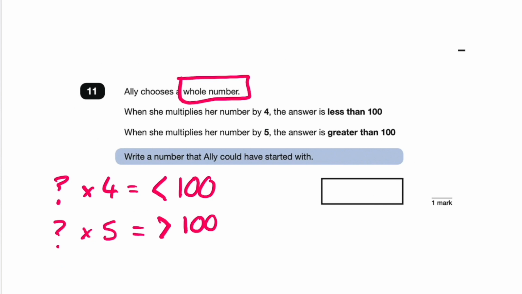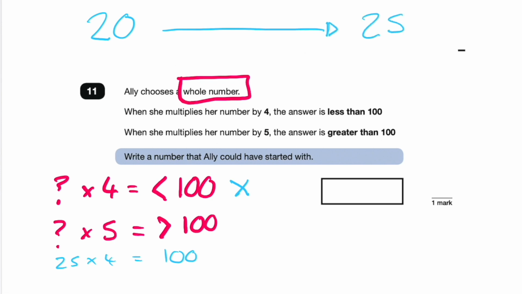Let's try 25. 25 times 4 equals 100. Well, 100 is not less than 100, so we know that's wrong straight away. So our number is somewhere between 20 and 25. Let's do 21. 21 times 4 equals 84, but 21 times 5 equals 105.